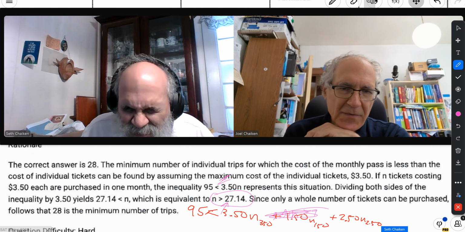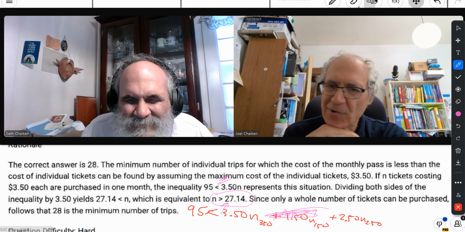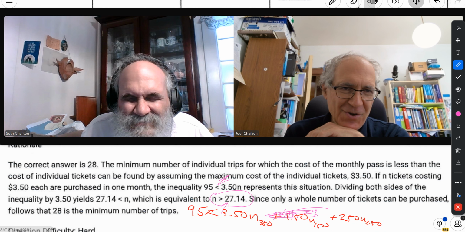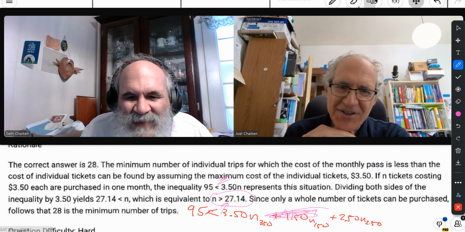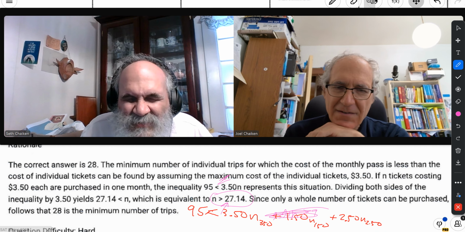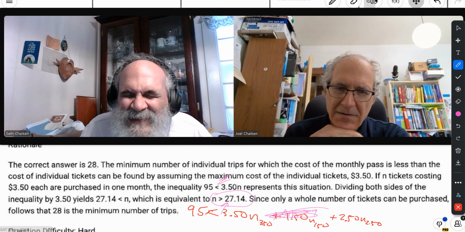Oh, right. This is the real inequality. And these are the SAT people. They should know better. And then you want to minimize the sum of the little n's.